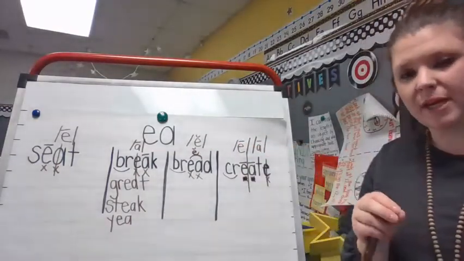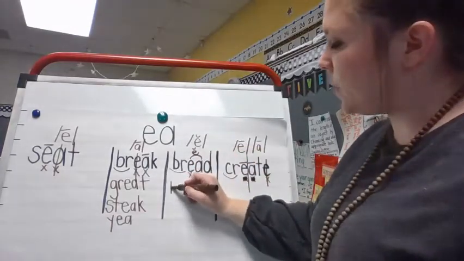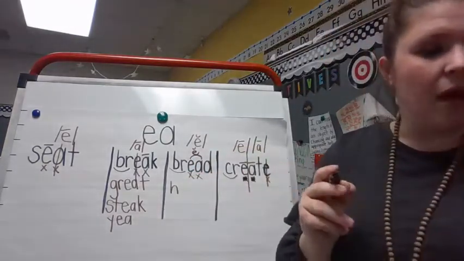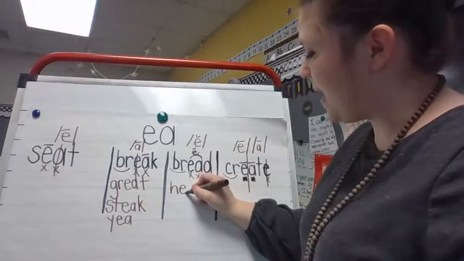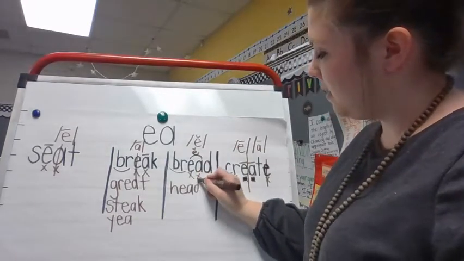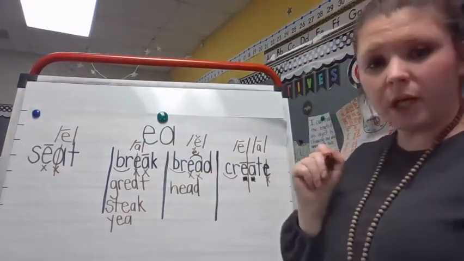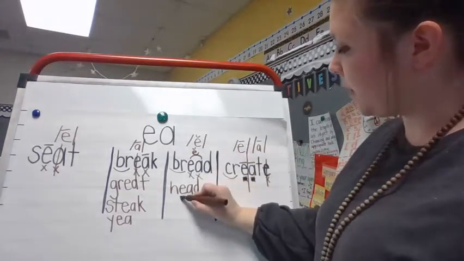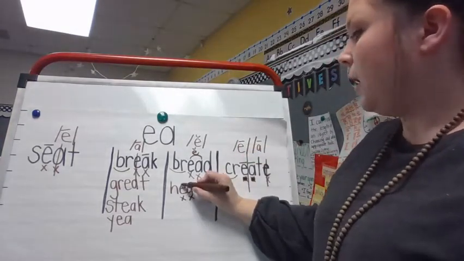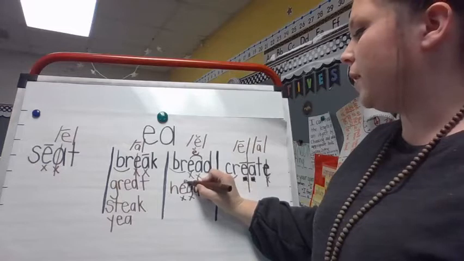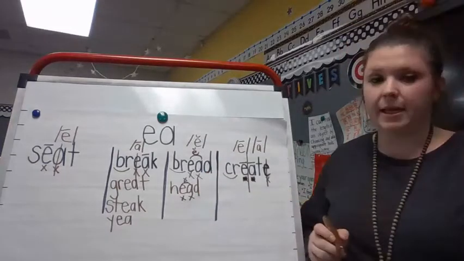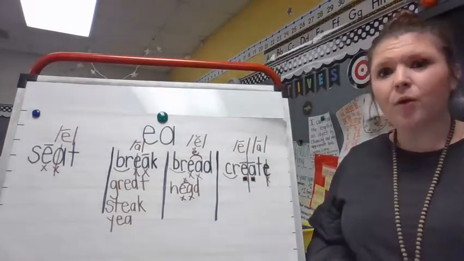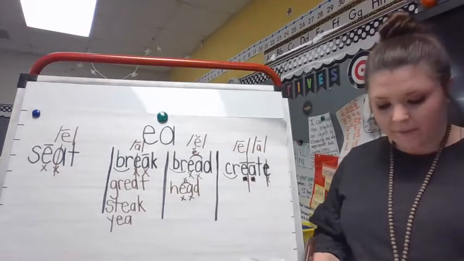We hear that short E. But remember, it's going to be spelled E and A. Okay. Then we're going to prove that word. Remember, we marked both of our vowels, E and A, but we're going to arc them and show that it's making that short E sound. My head really hurts.